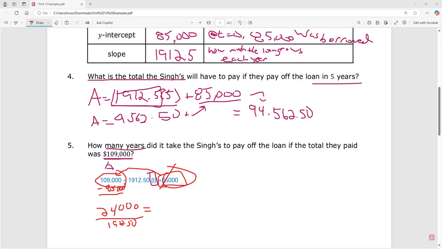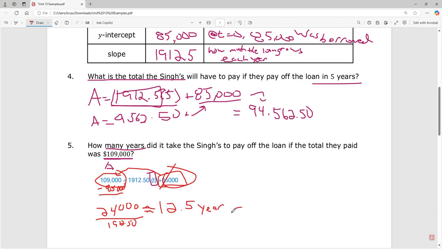So let's see. Divide that by 1912.50. And we get approximately, I didn't do that right, hold on, 24,000 divided by 1912.5 is approximately 12.5 years. So a little bit more actually.